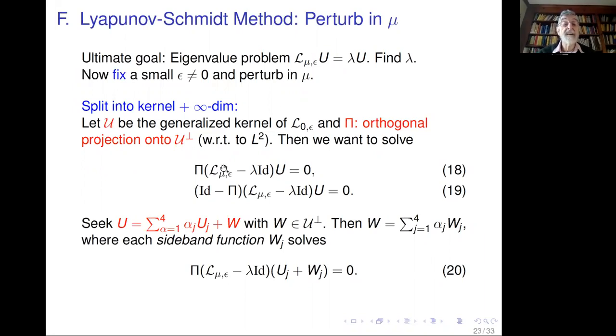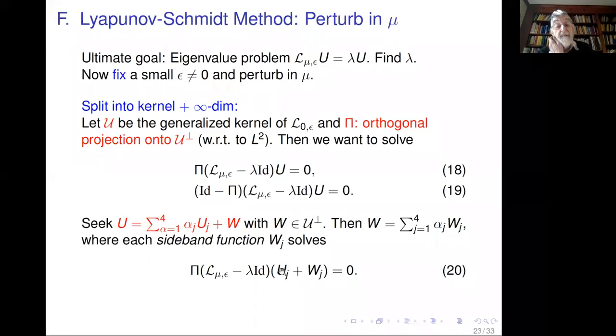And so all I did was write the equation. The equation we want to solve is this guy. And I've just split it into two parts. This is the infinite dimensional part, and this is the finite dimensional part, the four-dimensional part. And so I look for a solution which is the four-dimensional part of this form plus an infinite dimensional part.